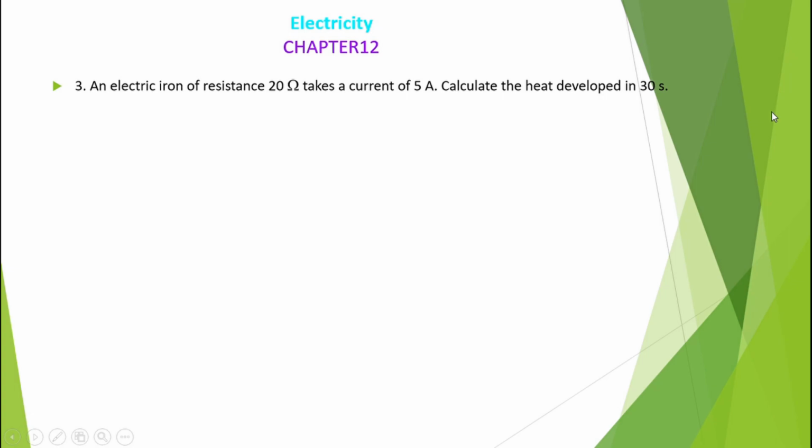So next question is, an electric iron of resistance 20 ohm takes a current of 5 amps. Calculate the heat developed in 30 seconds.